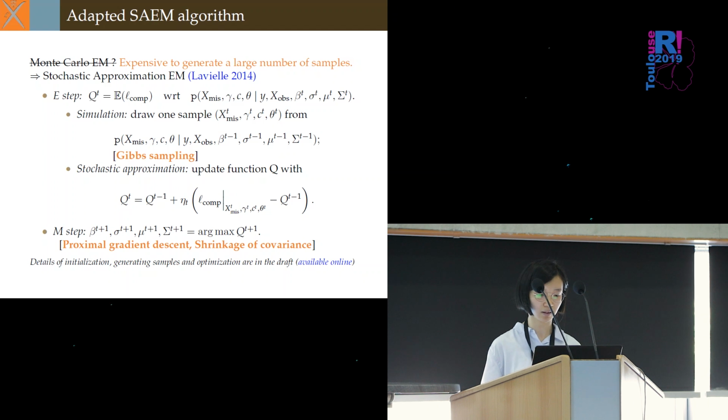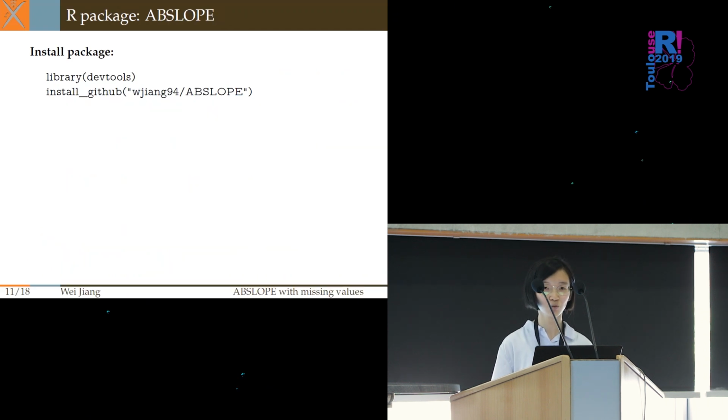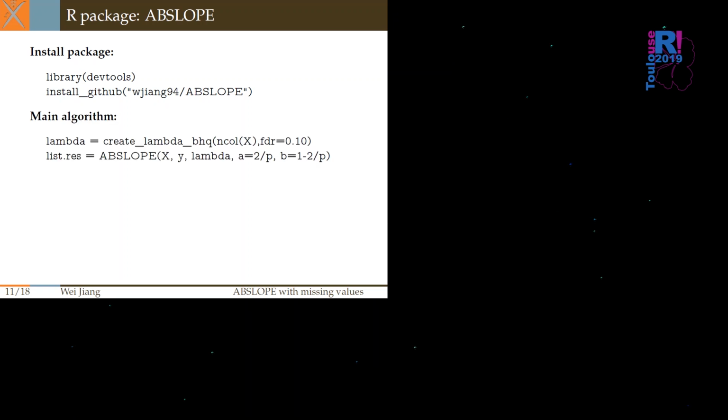I won't detail much about our methodology, but we can find all the details about initialization, generating samples, and the optimization part in our draft, which is available online. As we know, there is no package available in R to implement model selection with missing values, so we have implemented our methodology in the R package ABSLOPE, which is now available on GitHub.